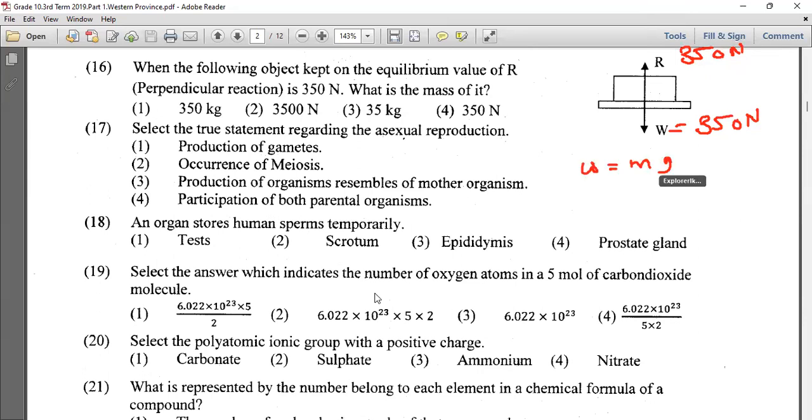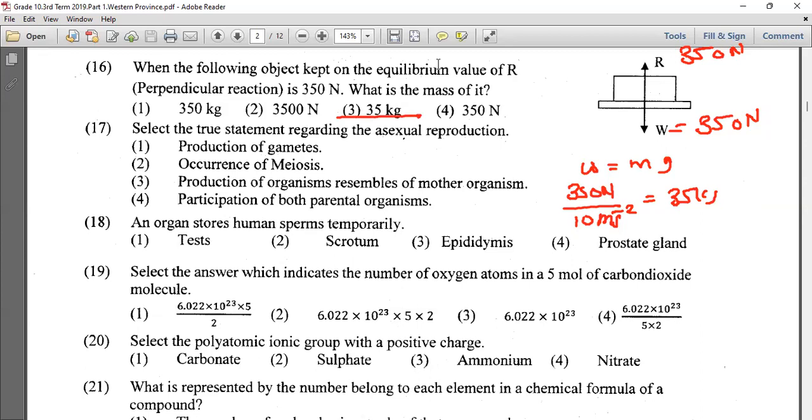They have given us weight, that is 350 newtons. Gravitational acceleration is 10 m s^-2. The mass of the object will be 35 kilograms. So you can simply get this answer quickly. 35 kilograms.